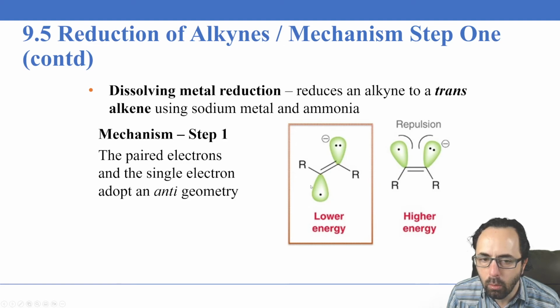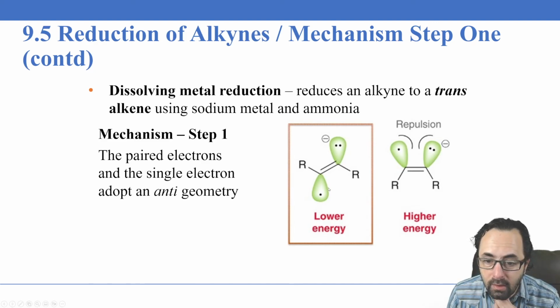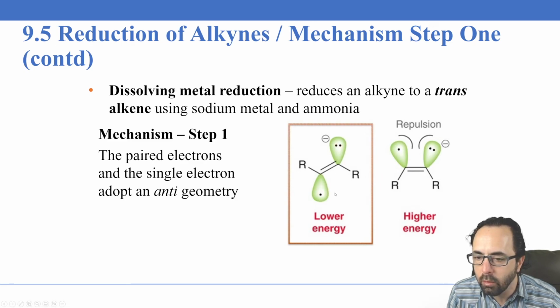Now, what causes this to add the hydrogen in the trans position rather than the cis one, to do the anti-addition rather than the syn addition, is that the electron here that is involved is in this orbital, and the electrons that are in these are sp2 hybridized orbitals here.